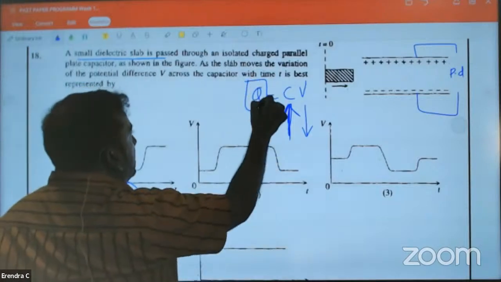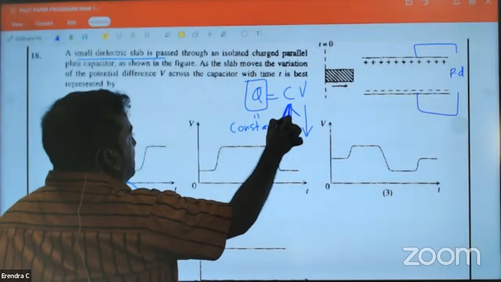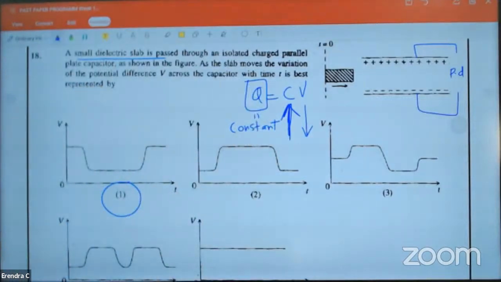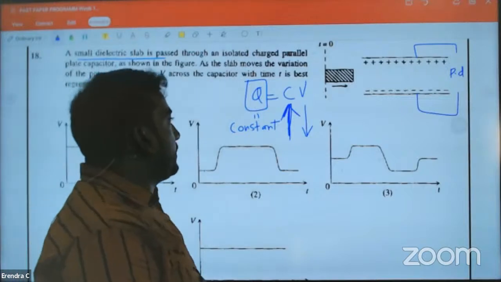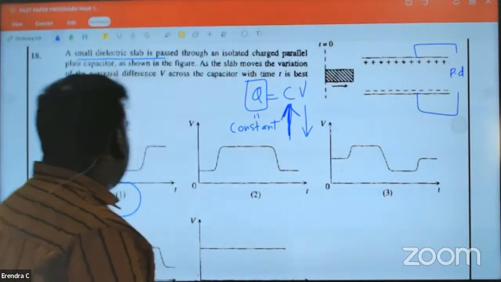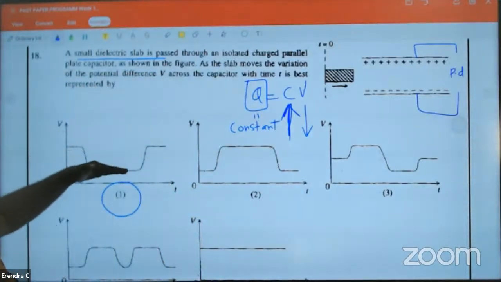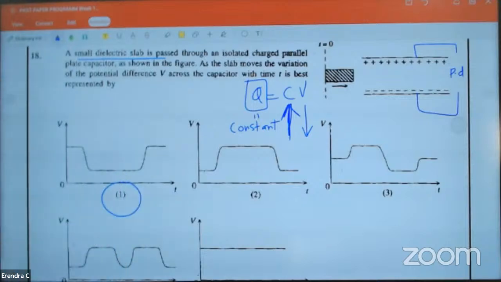But the charge on the plates remains constant. So capacitance increases, potential drops. So the moment it enters, potential drops. The moment it goes out, potential is the same. Correct answer is answer number 1.